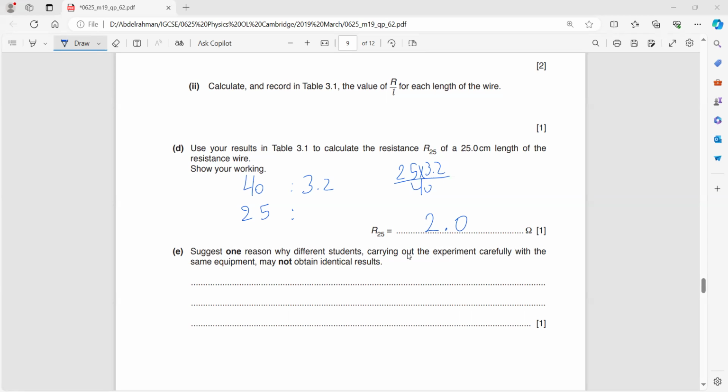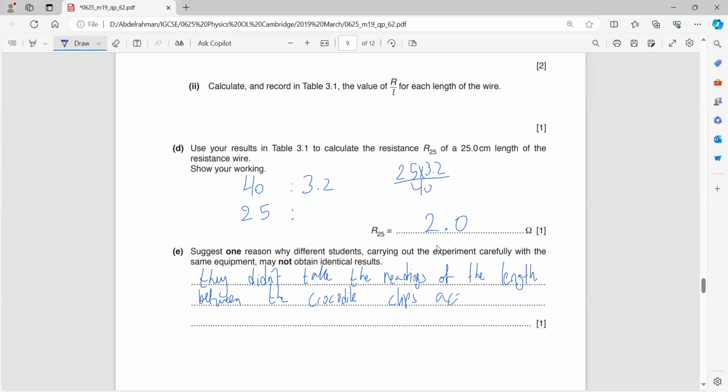So one of the logical reasons is that they didn't take the readings of the length between the crocodile clips accurately.